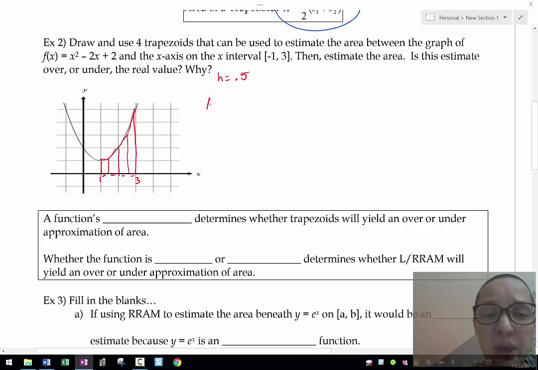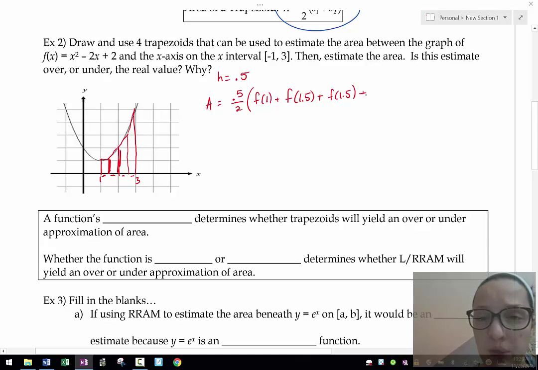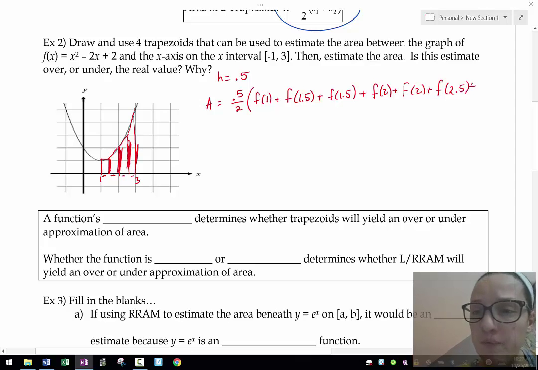And so if I do my area estimate, I'm going to have h over 2, b1 plus b2. So that's going to be f of 1 plus f of 1.5. And then b1 plus b2, f of 1.5 plus f of 2. And then b1 plus b2, f of 2, f of 2.5, b1, b2, f of 2.5, f of 3.